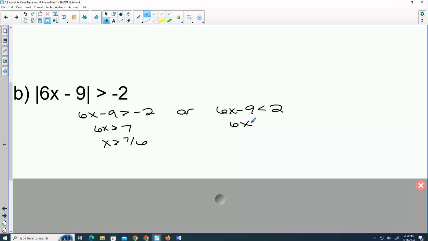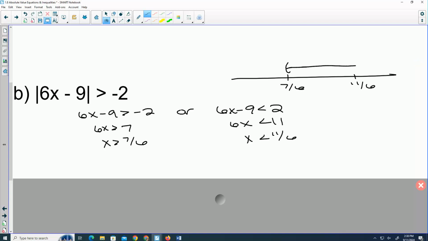Or x is less than 11/6. Think about what this says. I told you that if it's an or, you should have 2 separate pieces, right? Greater than 7/6.